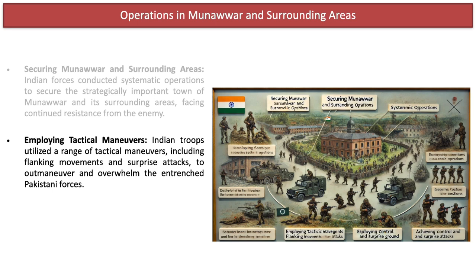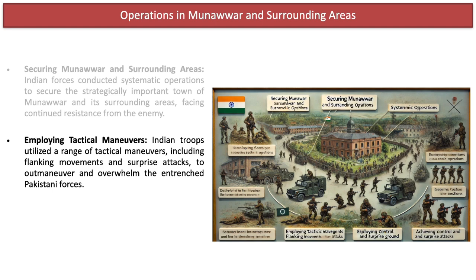These tactical maneuvers were not just about gaining ground, they were about breaking the enemy's will to fight. And by constantly outmaneuvering them, the Indian forces made it clear that they were in control. The Pakistani troops, no matter how entrenched, found themselves overwhelmed and unable to predict their next move. It was a game of mental chess, and the Indian army was always one step ahead.